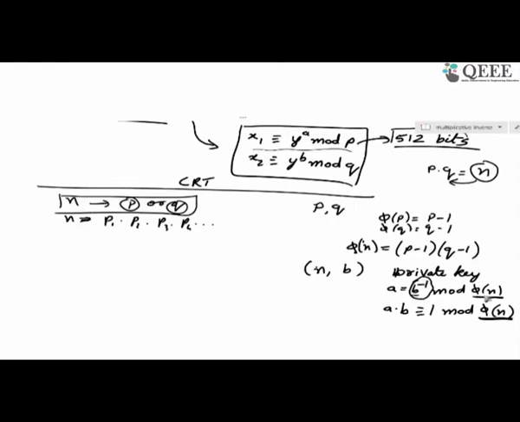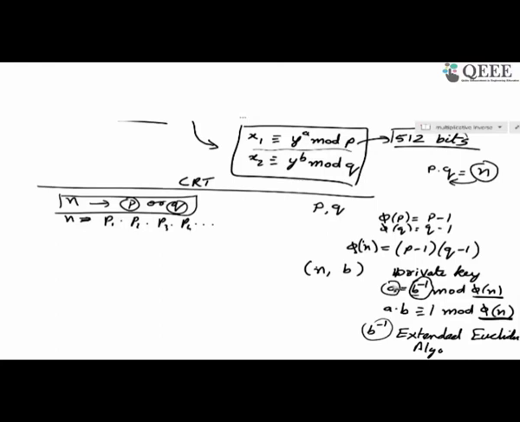Given these two pieces of information, he can easily compute b inverse by the extended Euclidean algorithm which we have studied. If he is able to find b inverse, he knows what a is, and a is the private key, and therefore he can decrypt any message.